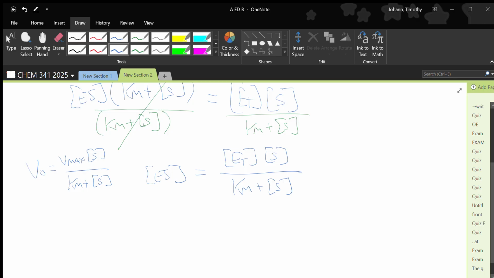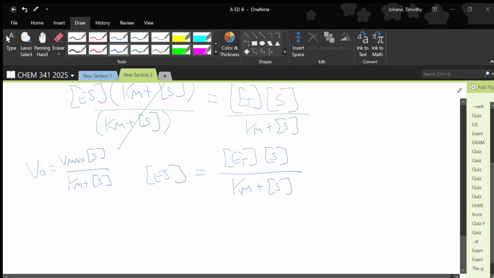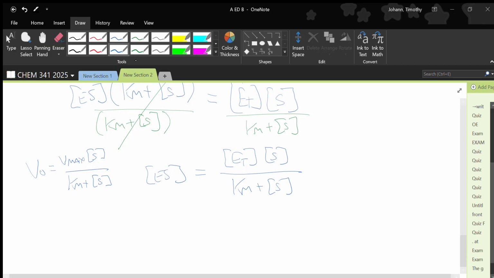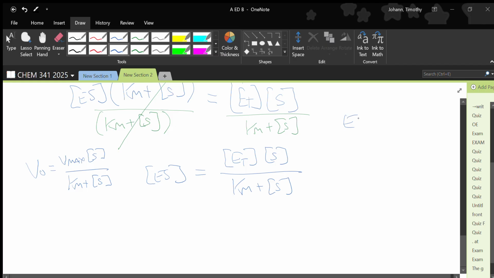All right, and so for that, we're not making an assumption here. We just need to look at our kinetics again. Remember from our original model that we have enzyme plus substrate going to make enzyme substrate complex, which is going to make enzyme plus product, right? And we've got our little K1, K minus 1, and K3 here, these are little Ks, and now K3 is going to become Kcat.